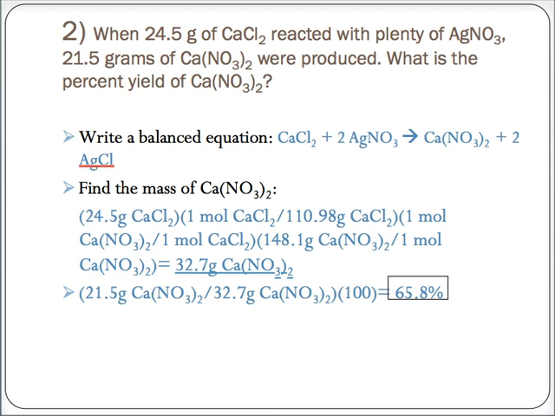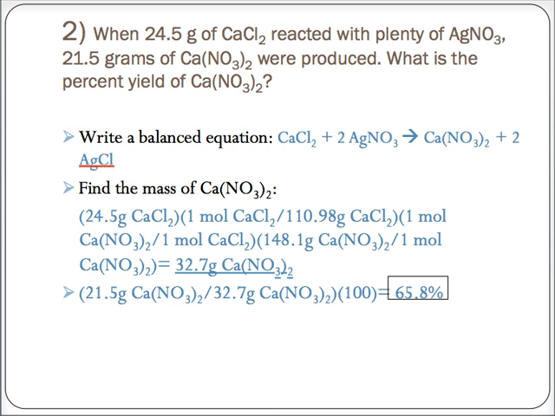So first we're going to find the mass of CaNO3, and we do that by multiplying the initial mass of CaCl2, which is 24.5 grams, by its molar mass of 1 mole of CaCl2 over 110.98 grams of CaCl2.